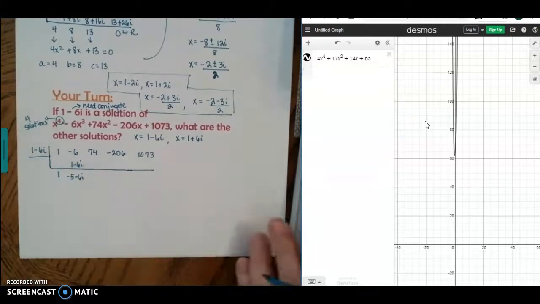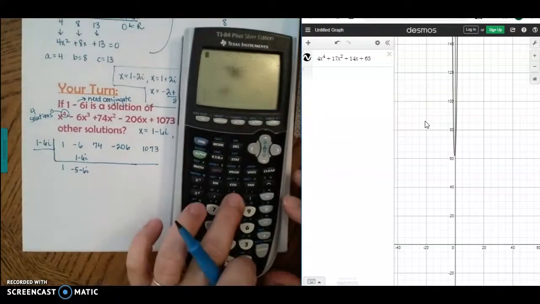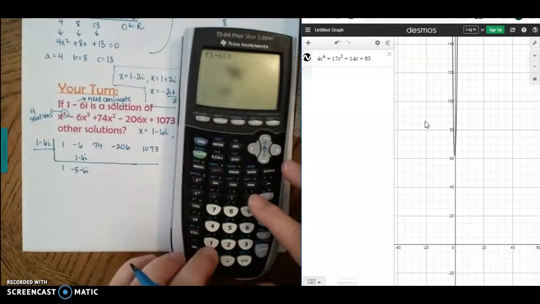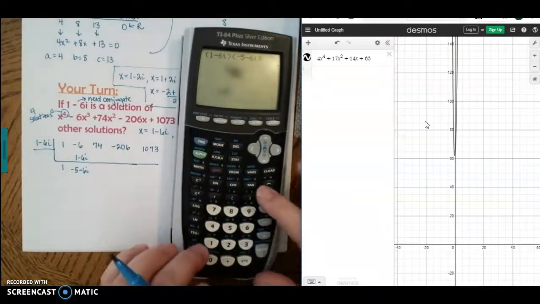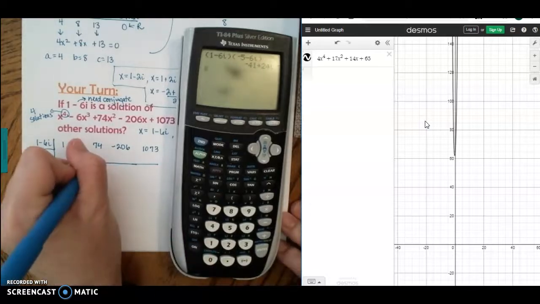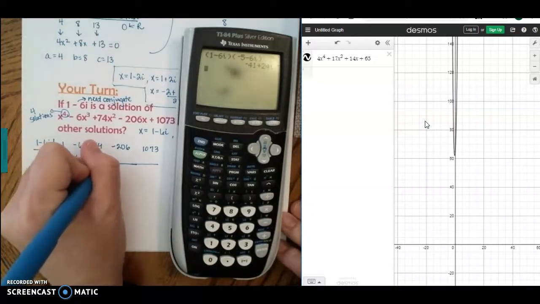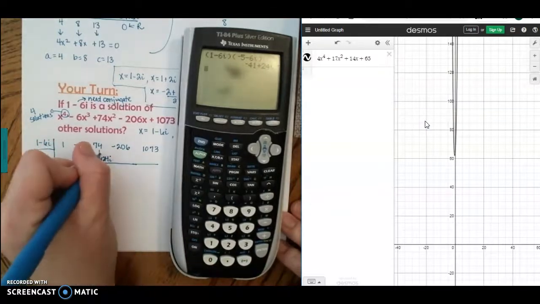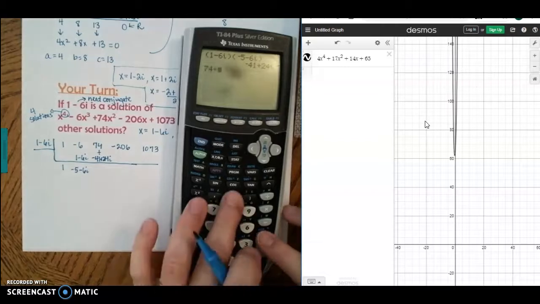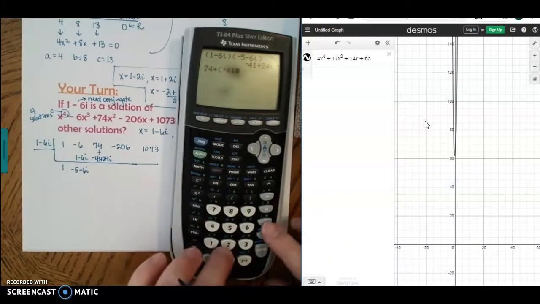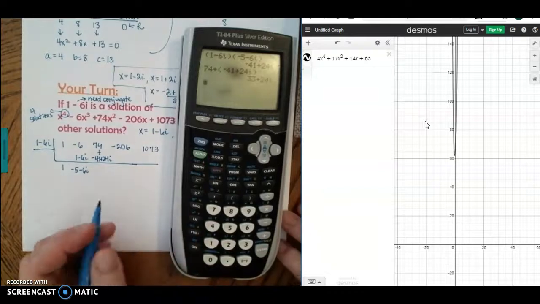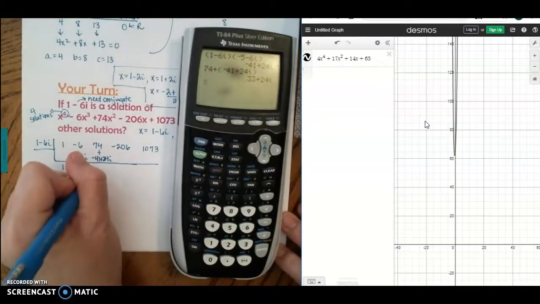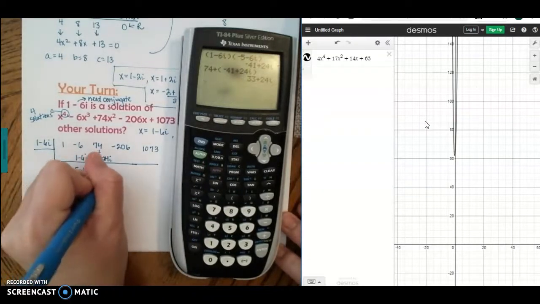When we multiply this, again, we're going to have 1 minus 6i times negative 5 minus 6i. So that's going to give me negative 41 plus 24i. So we're going to get 33 plus 24i.